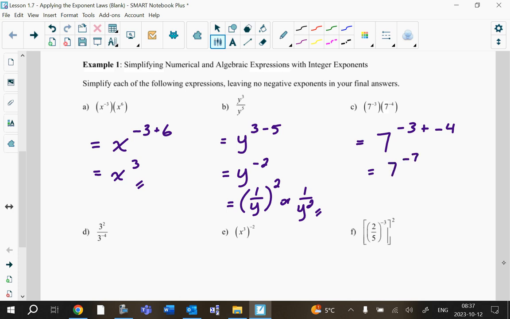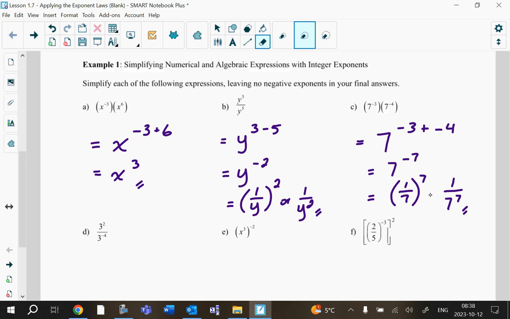I can't leave my answer like that. I have to write positive exponents. So I get? Right. Or, I mean, 1 to the 7th is just 1. And I'm not going to do 7 to the 7th because it doesn't tell you to evaluate them. It says simplify. I wouldn't ask you to evaluate. That's a really big number. So I should put one of those.